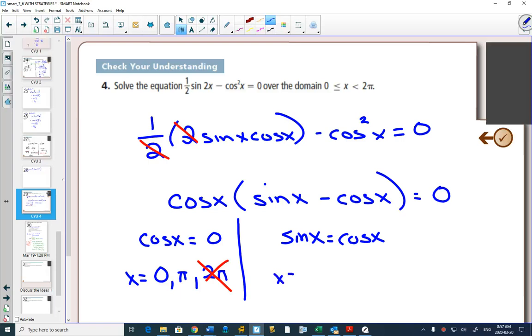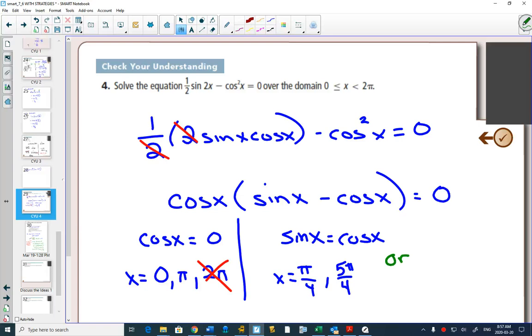So x could equal pi over 4. Are there any other of your pi over 4 families where the x and the y coordinates are the same? 5 pi over 4, where they're both negative, right? So that's method 1 that you could solve this side.